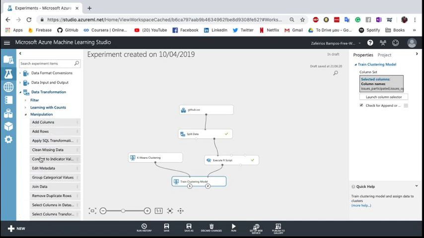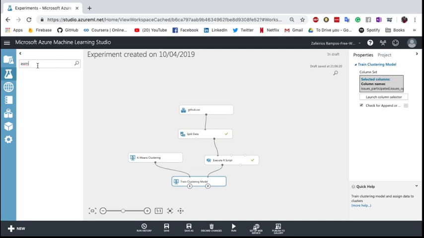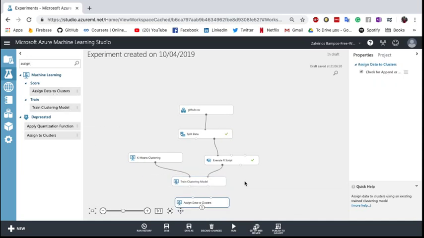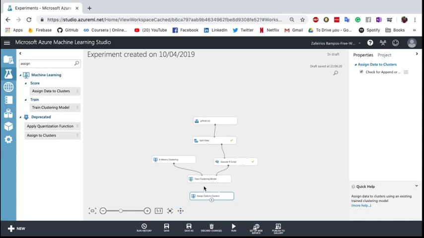I'm searching for assign. Okay, I'll just search it. Oops. Okay, assign data to clusters. So what we have, again, we are going to give it, and you can see that if you just click on an output of one block, it tells you where it should go.